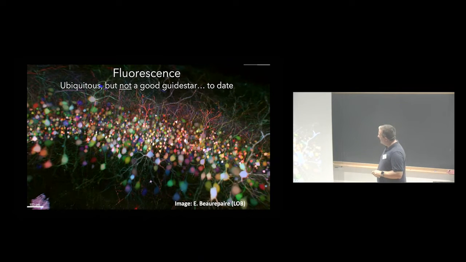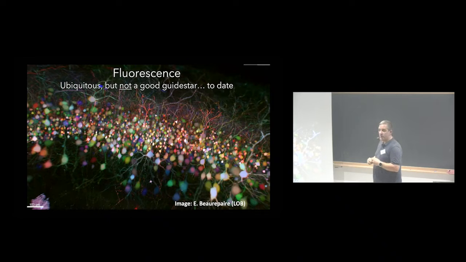I like this movie very much, but I really want to point out that fluorescence remains extremely popular in imaging. It still remains to date the most popular way to do optical imaging in biological tissue, and yet it's still not in the guide star catalog that I was listing before, and I will explain why.